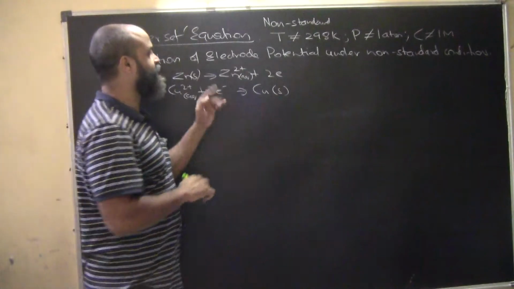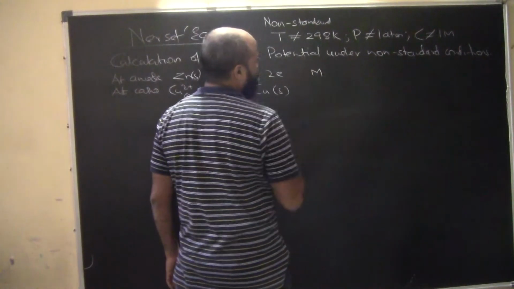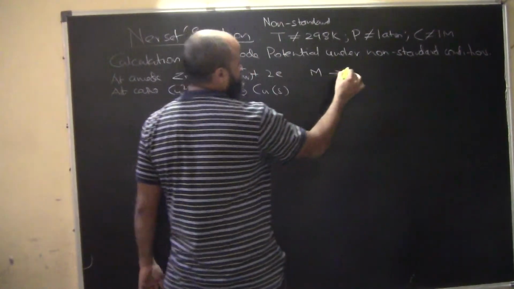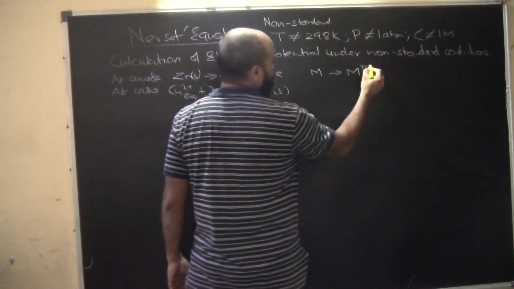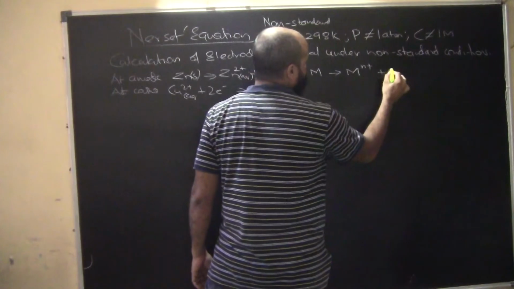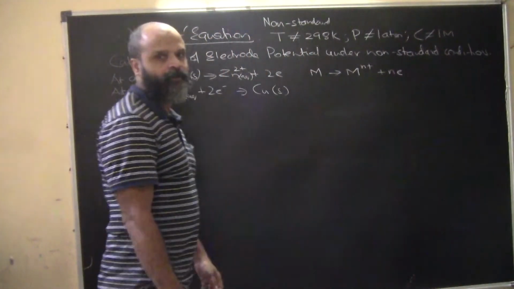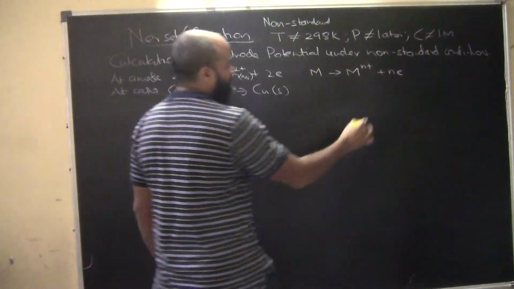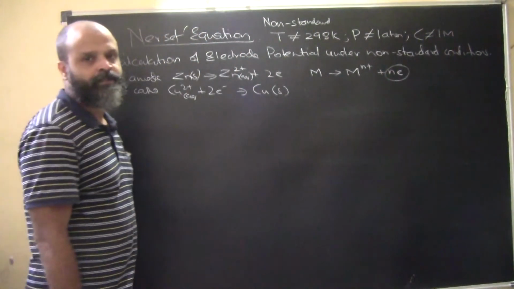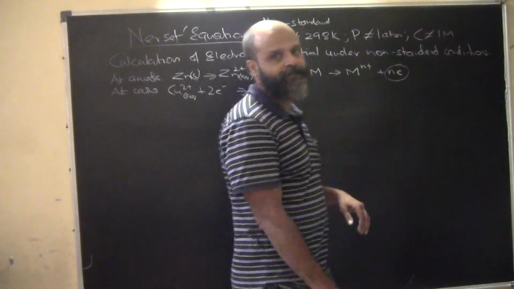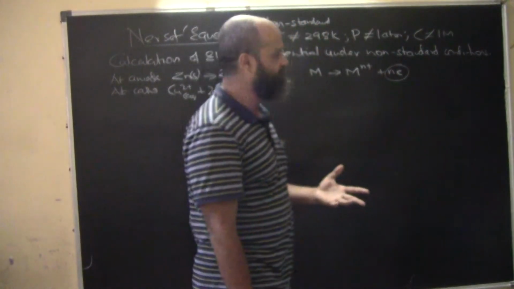In the case of a metal which is undergoing oxidation and acquiring a positive charge of n+, obviously it will be losing n electrons. Now, how much charge will be carried by these n electrons?